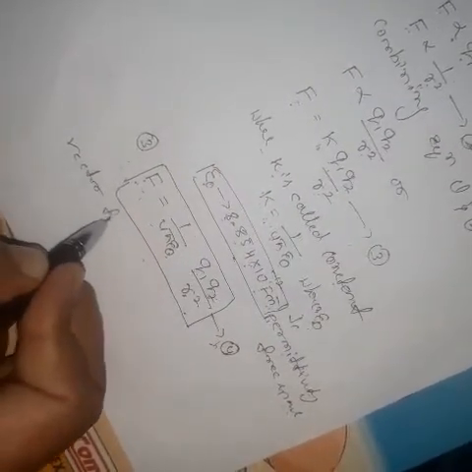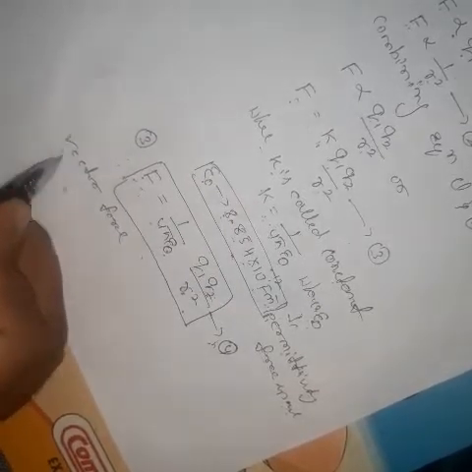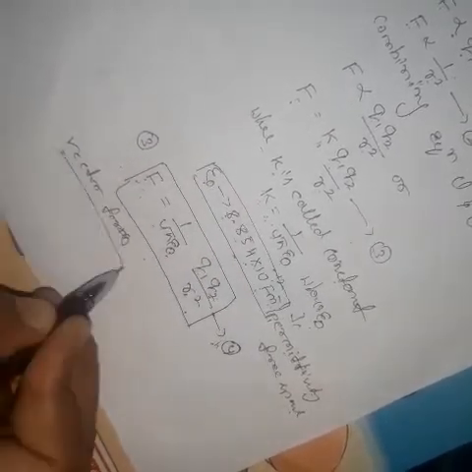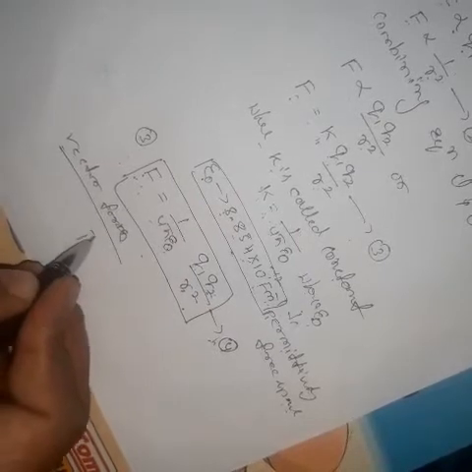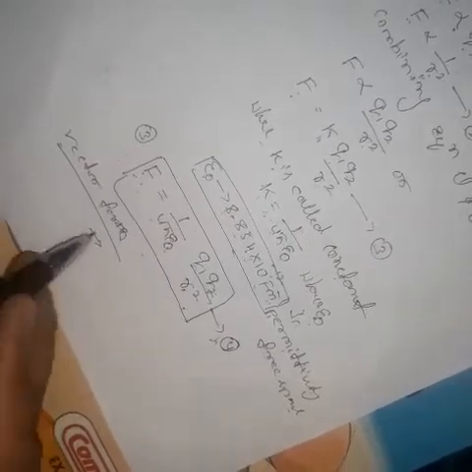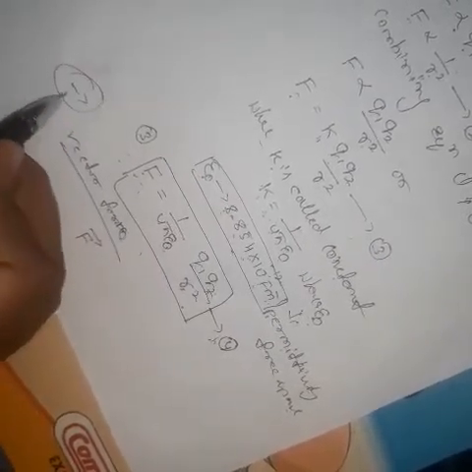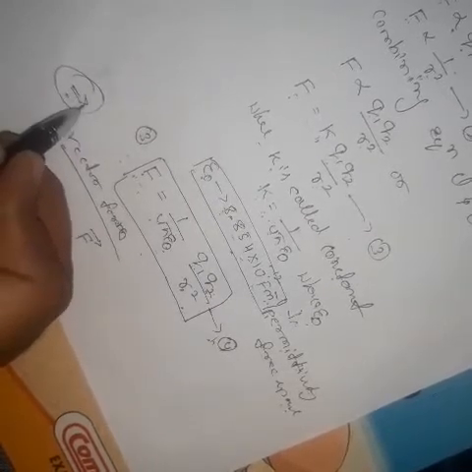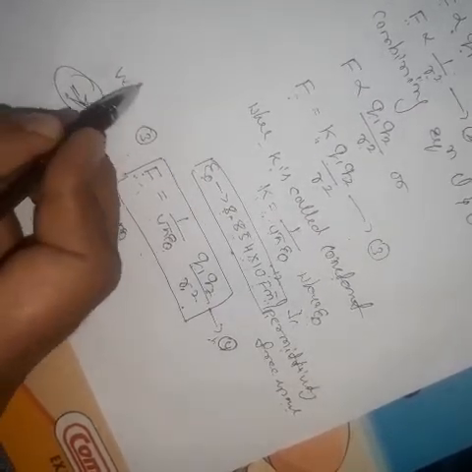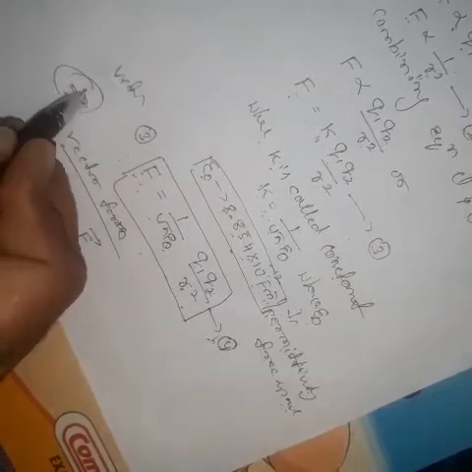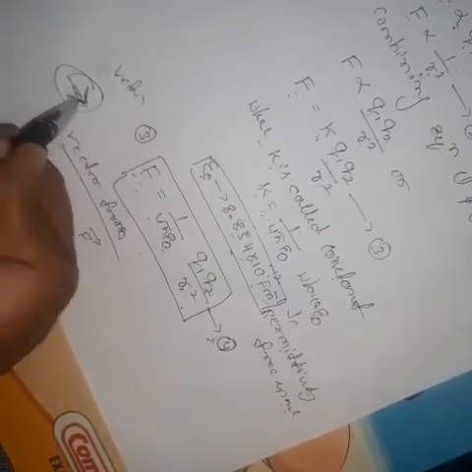The vector form of Coulomb's law is given using a vector symbol. A vector is a physical quantity that has both magnitude and direction.